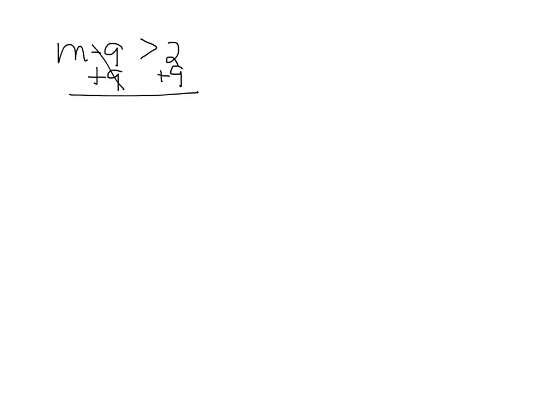I've isolated m. Have I multiplied or divided by a negative number? No. So the sign remains the same. Now I go to my graph. The thing that we don't have in a video yet is this whole idea of greater than or equal to, less than or equal to.